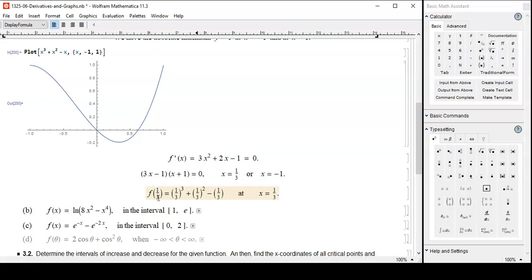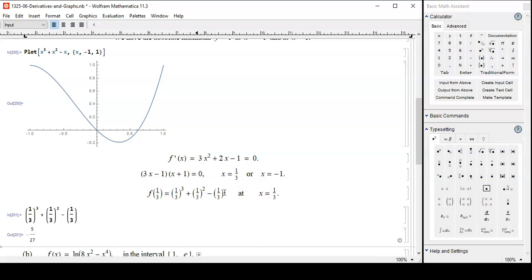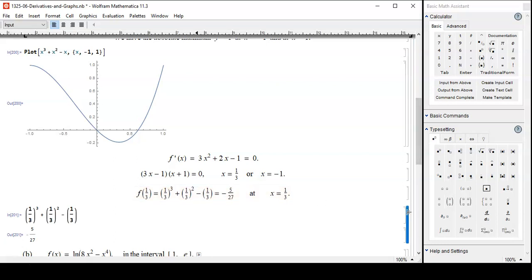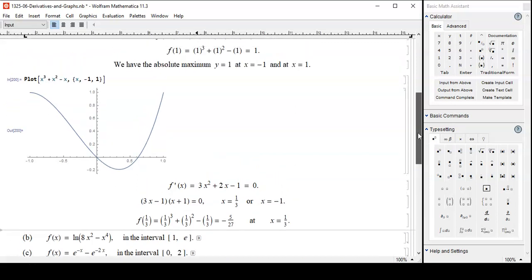What is this quantity? I cannot do this with my mental math. I'll just put everything into the calculator. Negative 5/27. By the way, what is the decimal value? About negative 0.185 something. Okay, negative 0.2 is here. Yeah, that's about right.